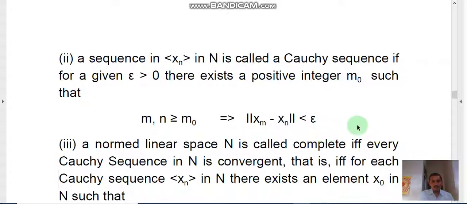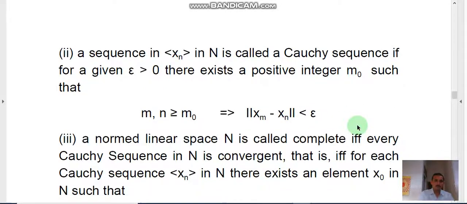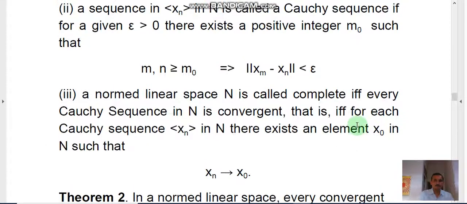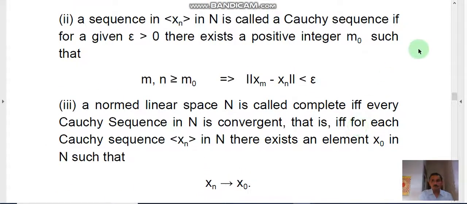And the third one is about the completeness of the normed linear space. A normed linear space N is called complete if and only if every Cauchy sequence in N is convergent.